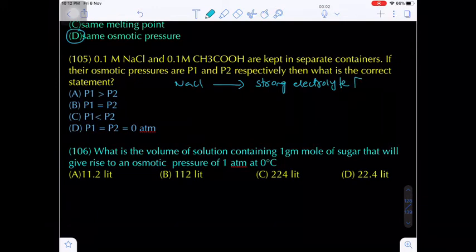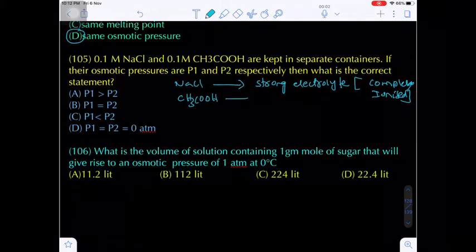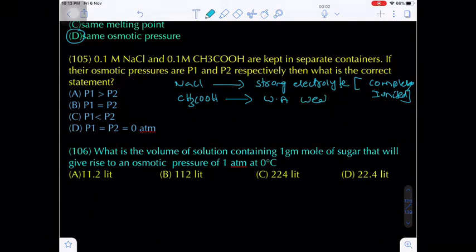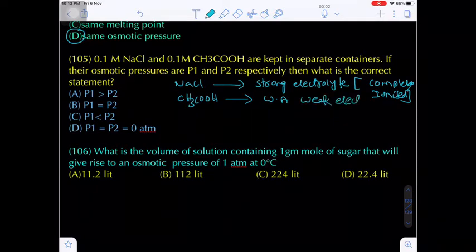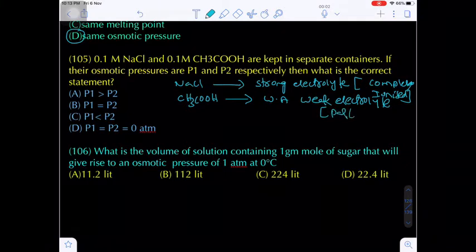The electrolyte which is 100% completely ionized. Whereas acetic acid is a weak acid. Weak acids are generally known as weak electrolytes. Weak electrolytes undergo partial ionization.